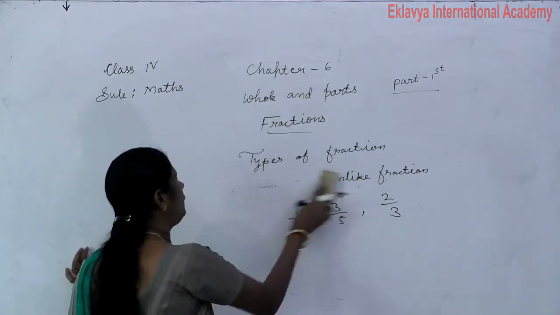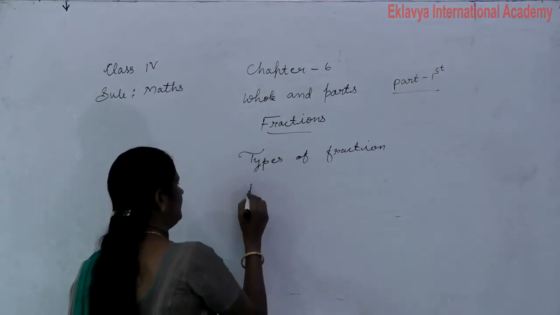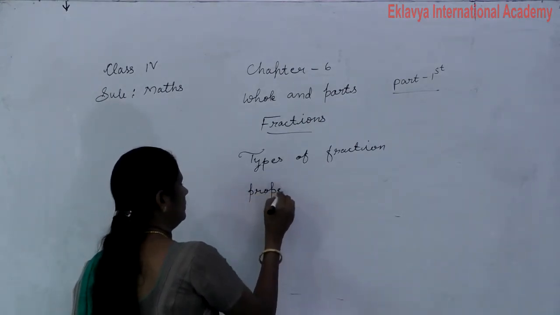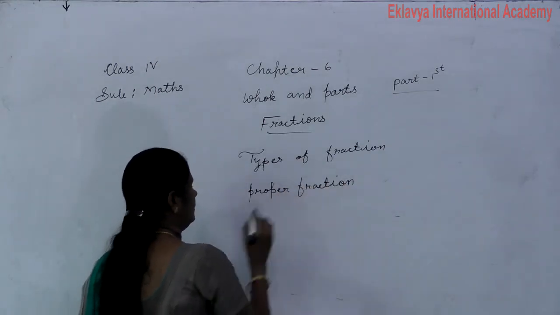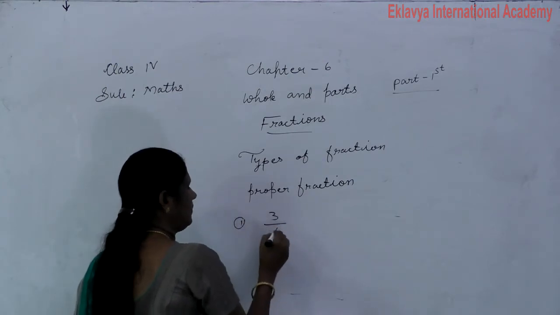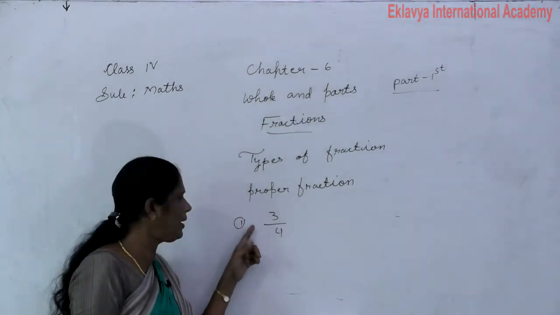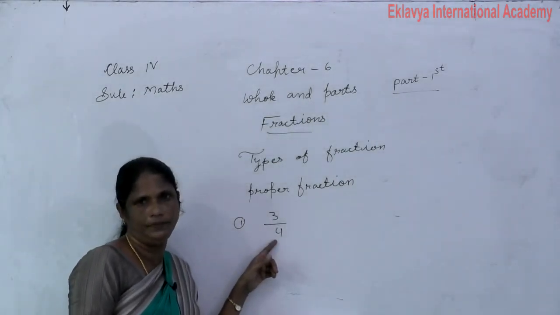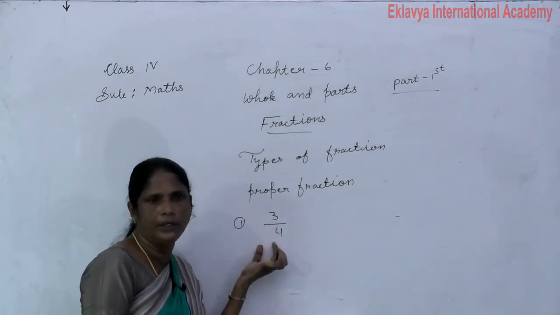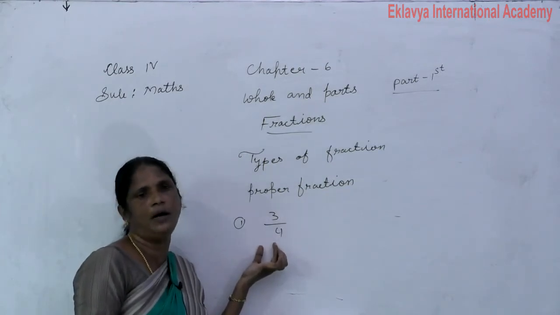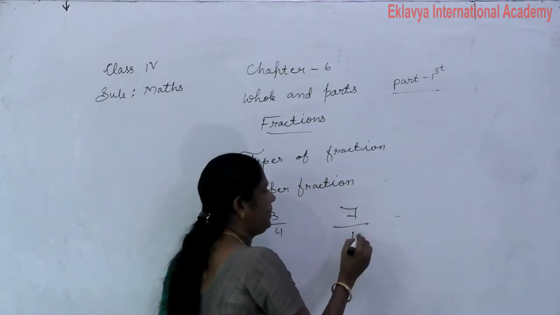Next, proper fraction. When the numerator is smaller than the denominator, that fraction is called proper fraction. 7 by 15.